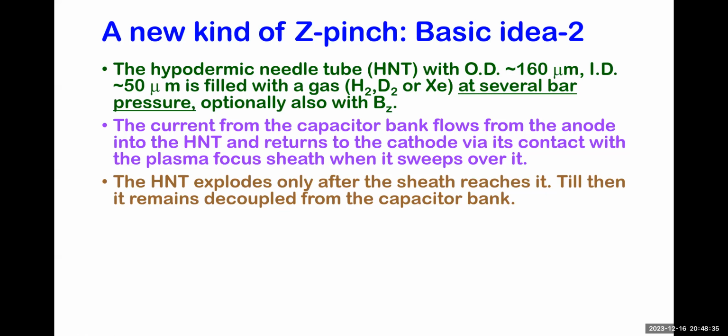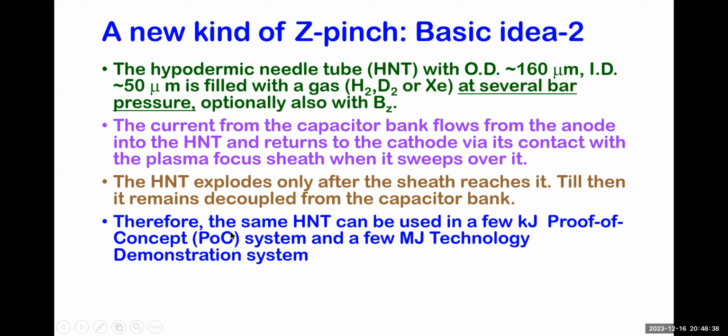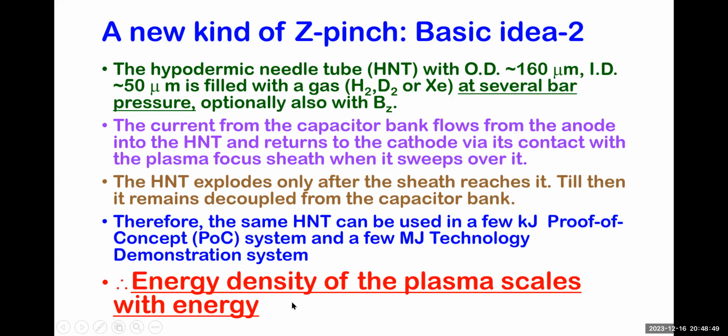So the same HNT can be used in a few kilojoule proof of concept system and a few megajoule technology demonstration system. So the energy density of the plasma which is formed inside the hypodermic needle tube should scale with energy, unlike that in the plasma focus case, where the energy density of the final plasma is constant over 8 orders in stored energy.